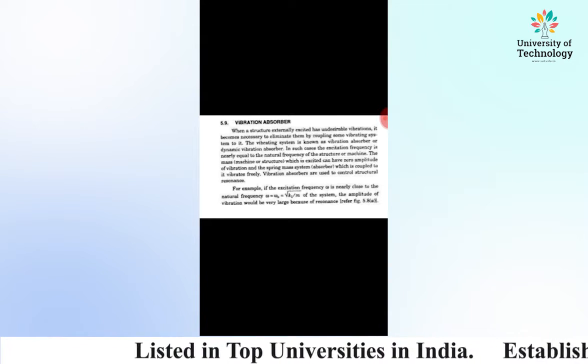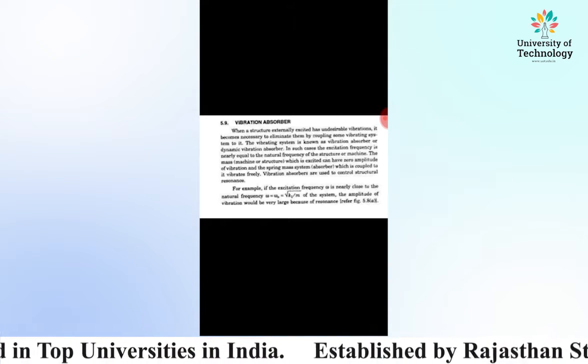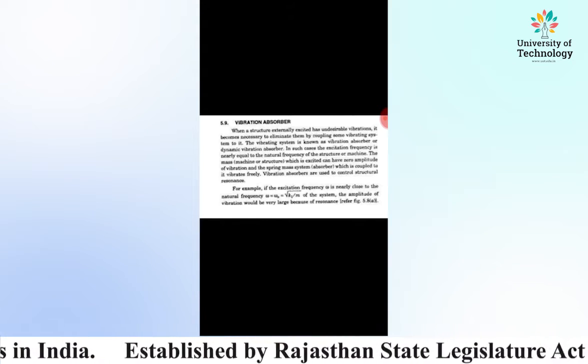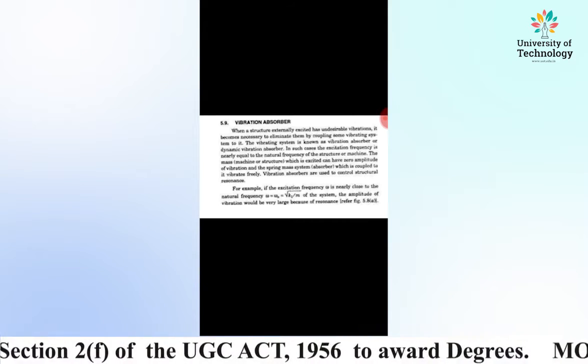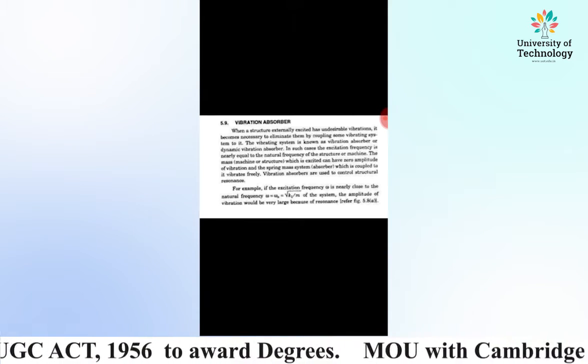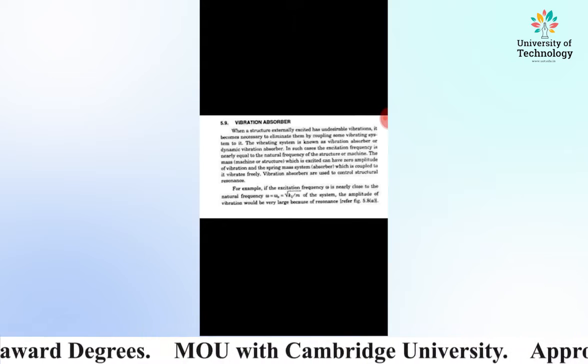A spring mass system is coupled to it, vibrates freely, and the absorbers are used to control structure resonance. For the resonance condition, that is omega is equal to omega n, which is equal to root k1 by m of the system.